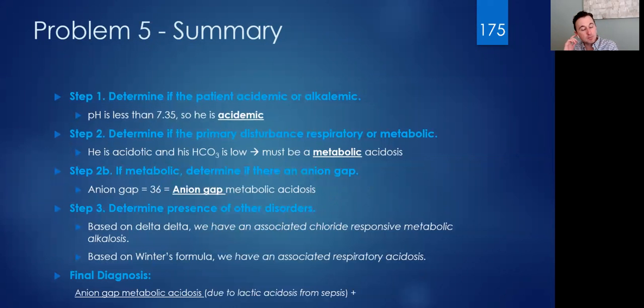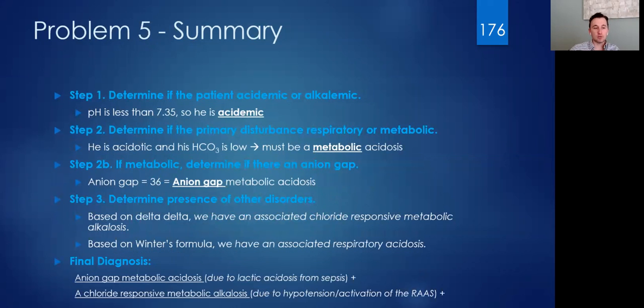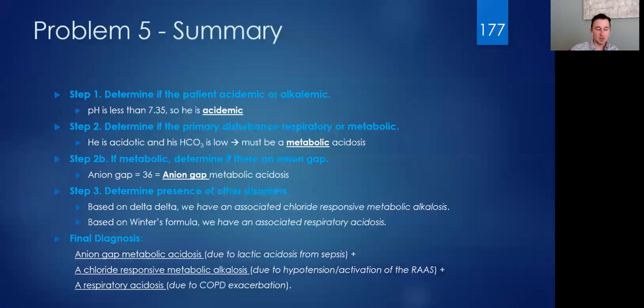So this is a classic case of a COPD patient coming in with sepsis. He's got an anion gap metabolic acidosis due to the lactic acidosis from sepsis. He also has a chloride responsive metabolic alkalosis due to hypotension and then activation of the RAS system. And he's also got this respiratory acidosis due to a COPD exacerbation. This is your classic triple disorder, and it is not terribly uncommon for us to encounter.